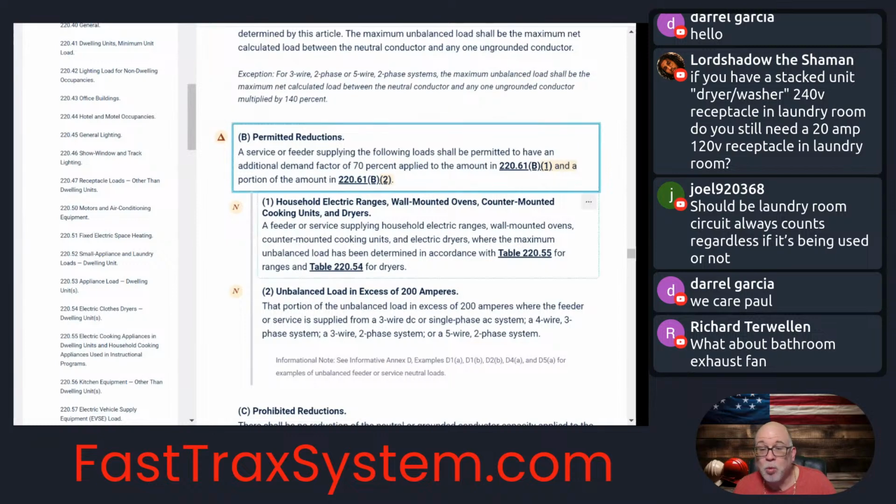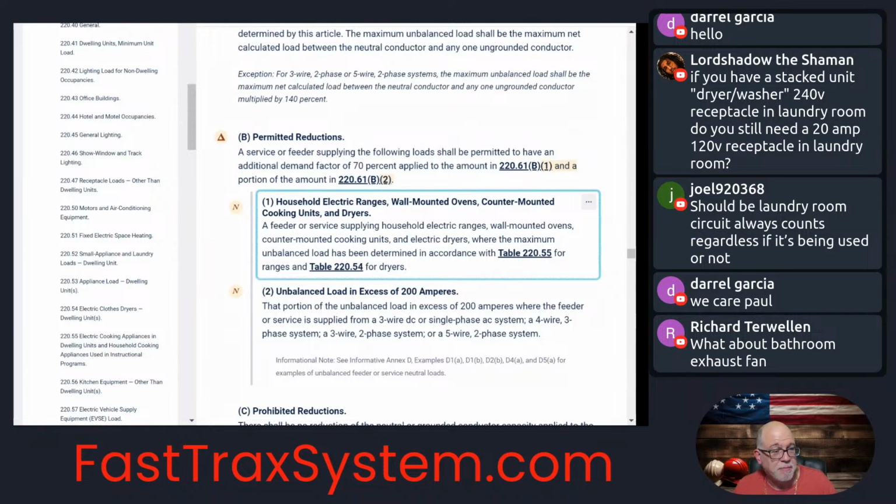So we're going to be using B1, and B1 is saying this applies to your dryers, and you'll see in a minute that it also applies to our cooking. Makes sense? So we're able to do this.